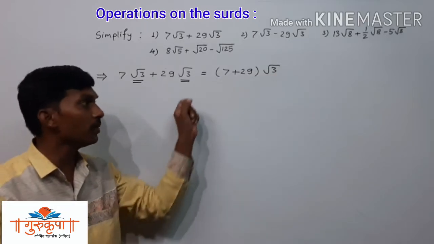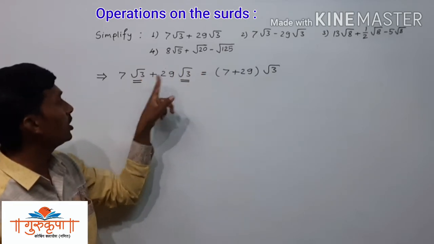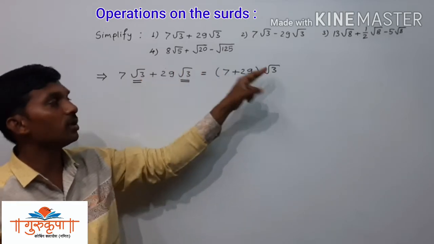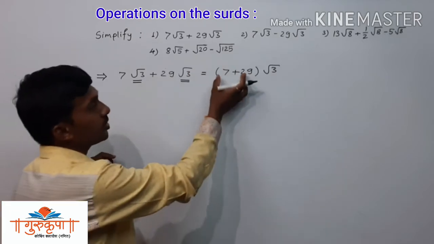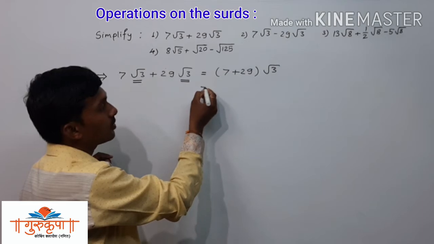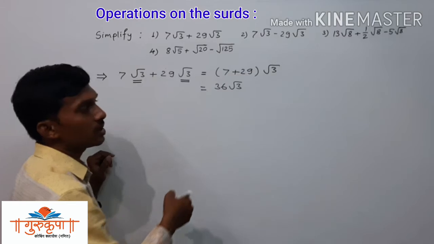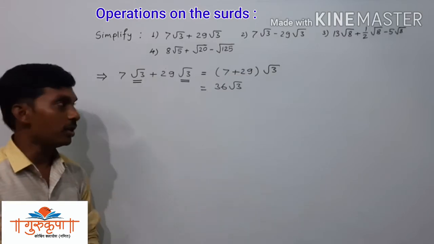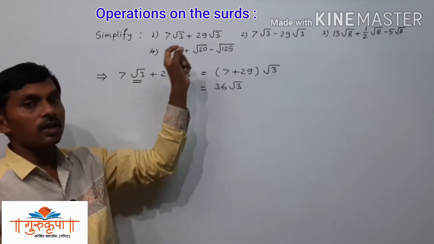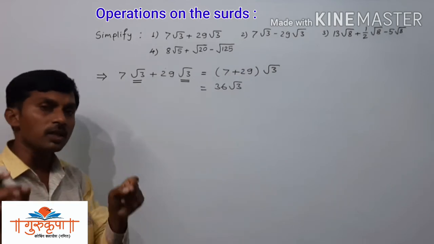This is also a simple way to take addition or subtraction. Here we have root 3, here we have root 3, so root 3 is taken common. And now take the addition of these two, 29 plus 7, that is 36, and this root 3 as it is. So this is all about the addition of the like surds. We can add or subtract only the like surds, only the similar surds.